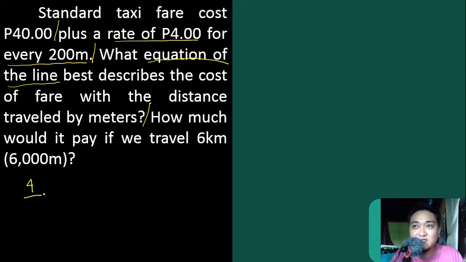So ang magiging rate of fare is 4 over 200. O bakit 4 over 200? Kasi 4 pesos every 200 meters, di po ba? Fare over distance, yan ang ibig sabihin nun.